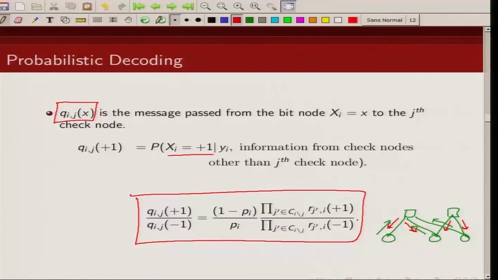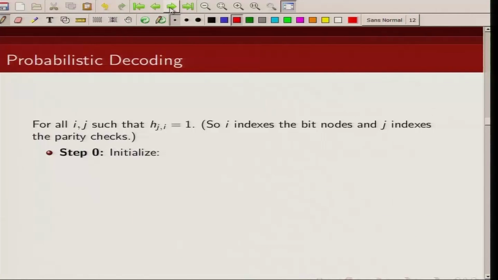So, there are two types of messages, again I repeat, which are being propagated in this graph. One is a message from the message nodes to the check nodes, and then check nodes are sending some information saying whether these parity check constraints are satisfied or not given the input bit is 1 or 0. So, these messages Qis are passed from message nodes to the check nodes, and these messages Ris are passed from check nodes to the message nodes.